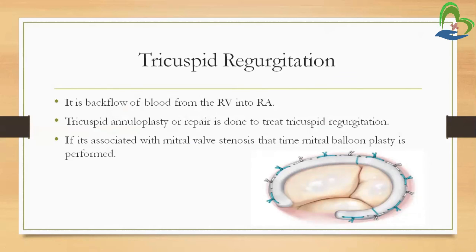Tricuspid annuloplasty or repair is done to treat tricuspid regurgitation. If it is associated with mitral valve stenosis, then mitral balloon valvuloplasty is performed to correct the mitral valve stenosis.